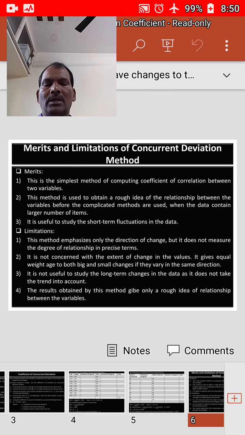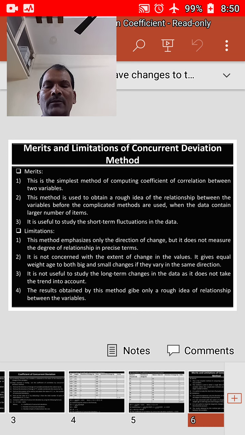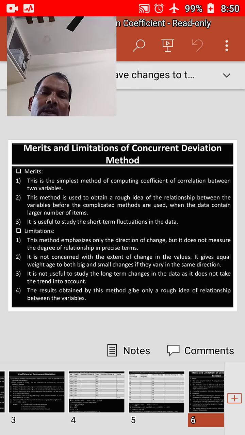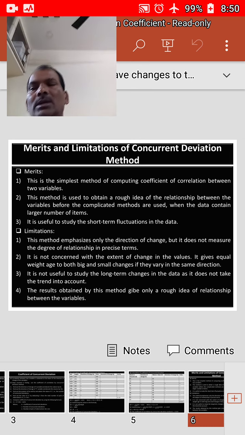When the data contain a larger number of items, it is very easy to calculate. Next, it is useful to study the short-term fluctuations in the data.